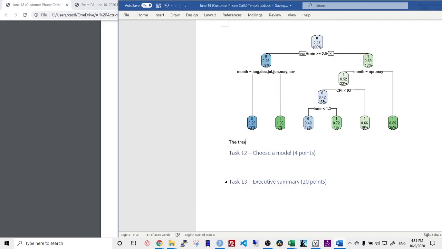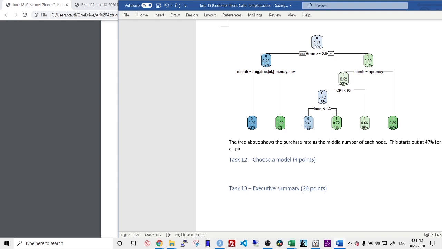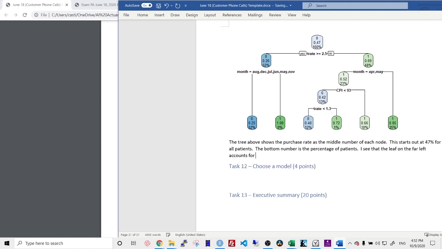So the tree above shows the purchase rate as the middle number of each node. This starts out at 47% for all patients. The bottom number is the percentage of patients. I see that the leaf on the far left accounts for 52% of all patients, which is a lot.